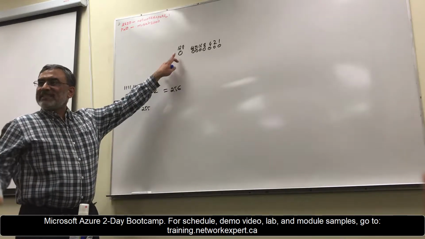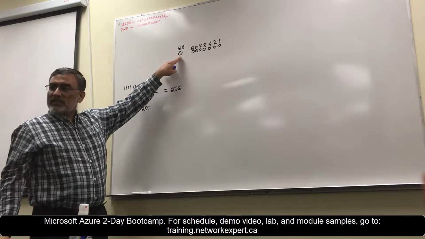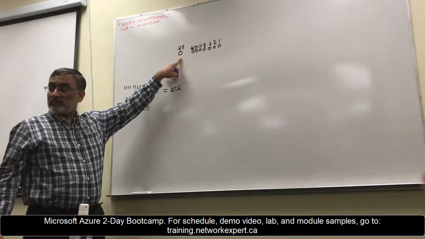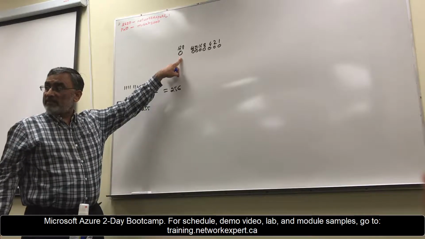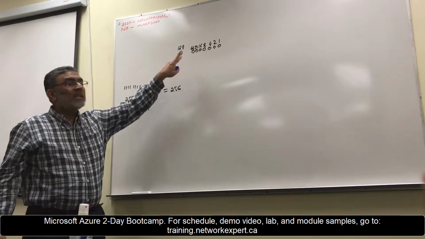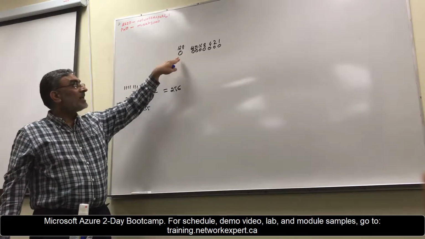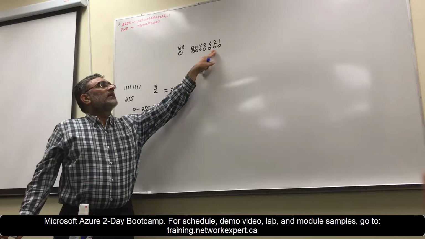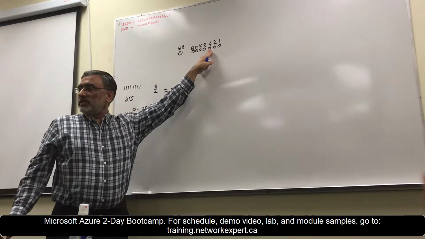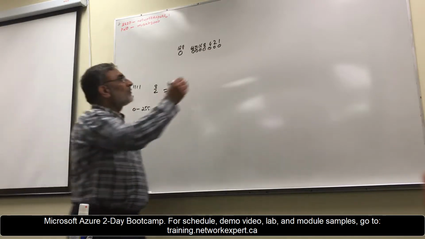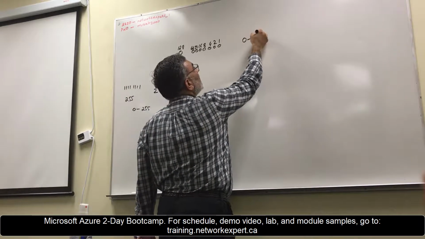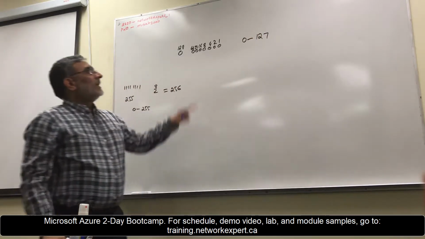So the first octet rule says take the first leftmost bit from the 32 bits as 0. From the leftmost 8 bits, keep the first as 0, and you can vary the numbers in these 7 bits, and that will give you from 0 to 127.